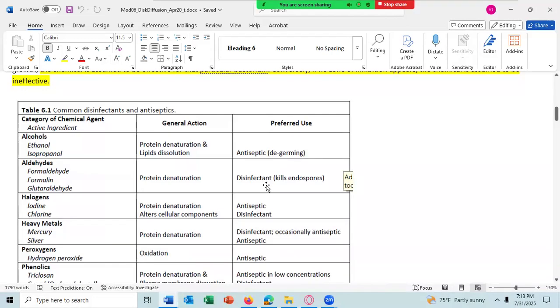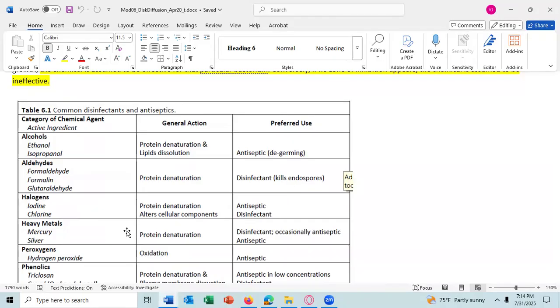Formaldehydes are a disinfectant, and they're a good one. They kill endospores. Halogens, like iodine and chlorine bleach: iodine is usually used as an antiseptic, chlorine bleach as a disinfectant. Heavy metals, their use was discontinued mainly in the medical profession for many years, but their use has come back because of the resistance of bacteria to antibiotics.